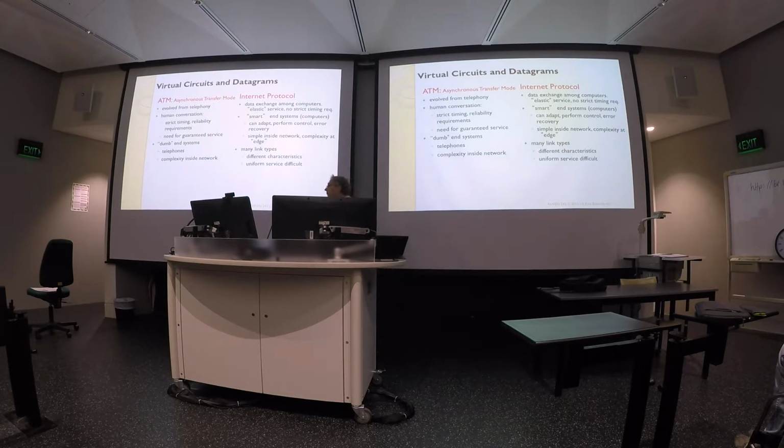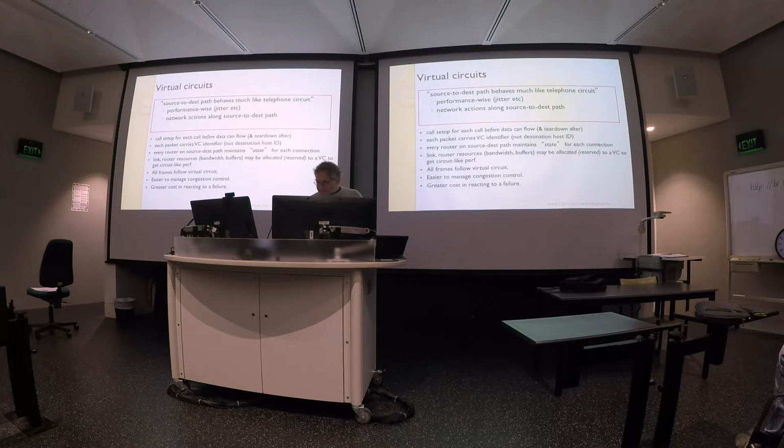They've got different characteristics, and you can't offer any sort of uniform service guarantees. All right, so I hope I made the point. The intelligence with ATM is in the network. The intelligence with the data packet switch networks is in the end systems. There's no guarantees with the packet switch system. It will just typically drop your stuff if it's too busy, whereas guarantees are inherent with a virtual circuit like ATM.